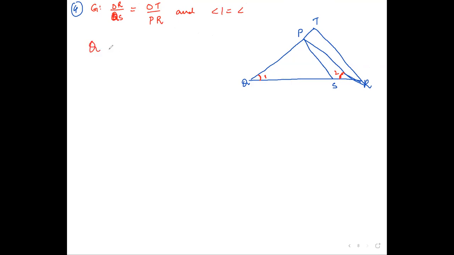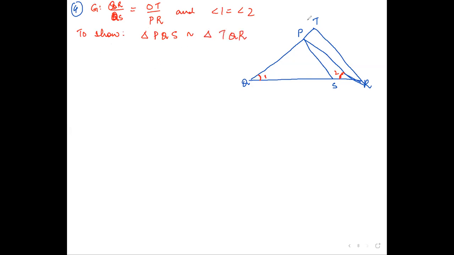Yes, it's QR, not OR, in the numerator. And it is given that angle 1 is equal to angle 2. You have to show that triangle PQS is similar to triangle TQR.